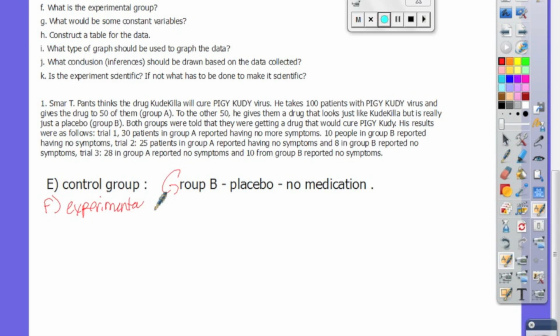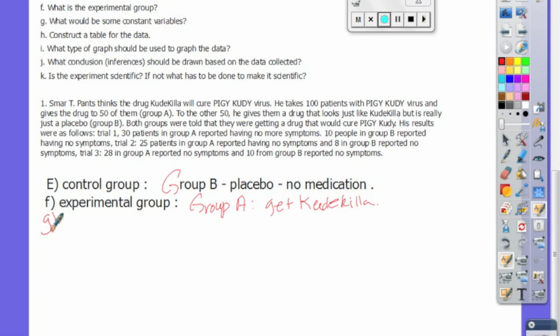Experimental group, F, is the one that has the independent variable. So in this case, it will be group A, because they get the cootie killer. G, what is the constant variable? Constant variables are the things that we keep the same, so that we make sure that it's only one variable that is actually causing the people to get better, which is our independent variable, taking the medication. The way that he did this, if we read this, he told the constants, and all they need to do is give me at least two.